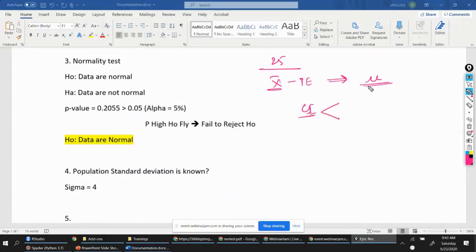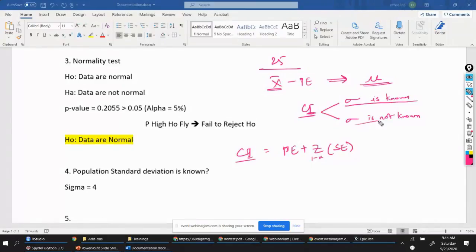And for the confidence interval, there are two approaches or two formulas: when sigma is known and when sigma is not known. If sigma is known, then we go with this condition: point estimate plus or minus Z into standard error, the Z value at 1 minus alpha.